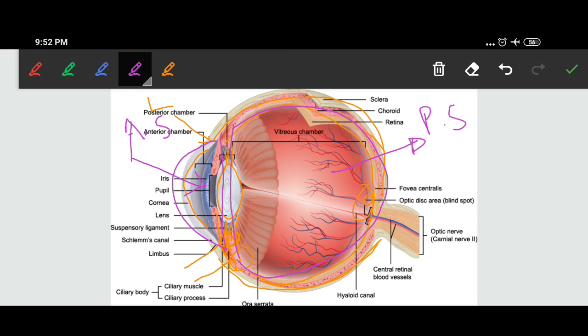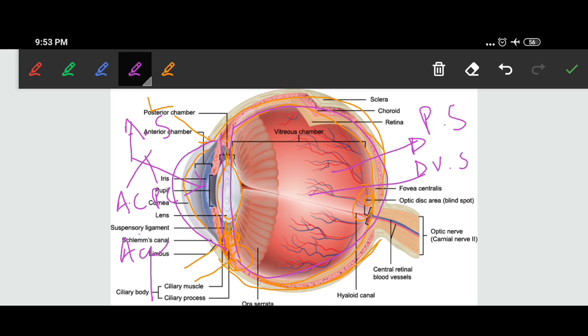Our anterior segment is further divided into two parts, that is the anterior chamber and the posterior chamber. The part in front of the iris, or we can say the pupil, is the anterior chamber, and the part behind it is our posterior chamber, which consists of a fluid known as aqueous humor. And our posterior segment consists of the vitreous humor, as we all know.